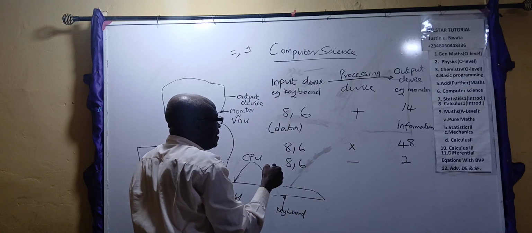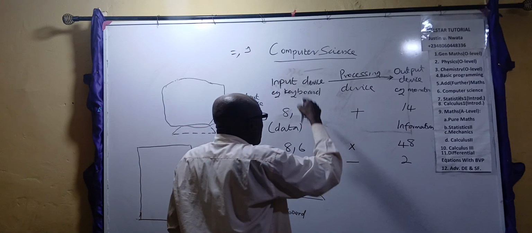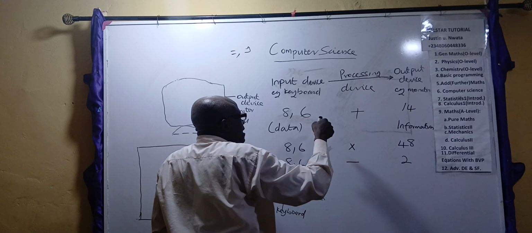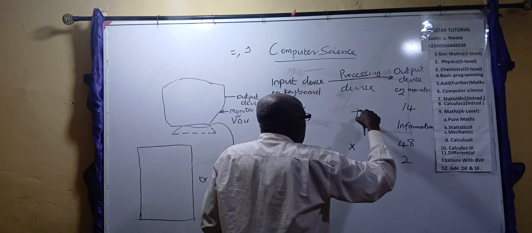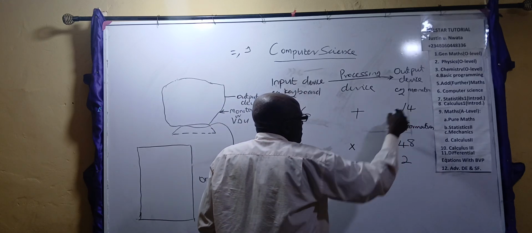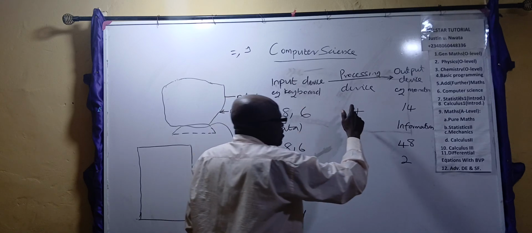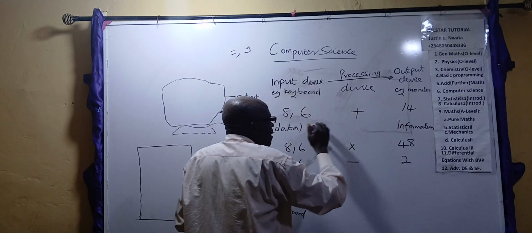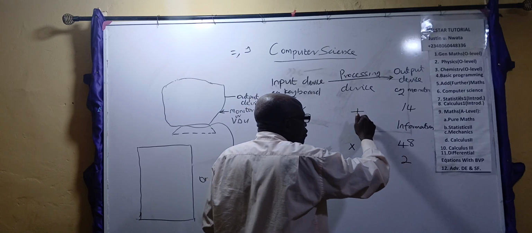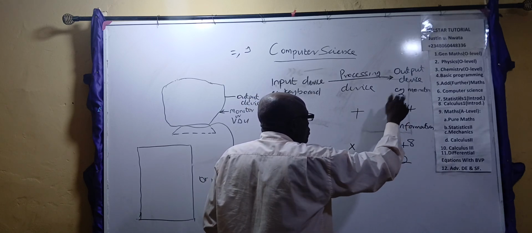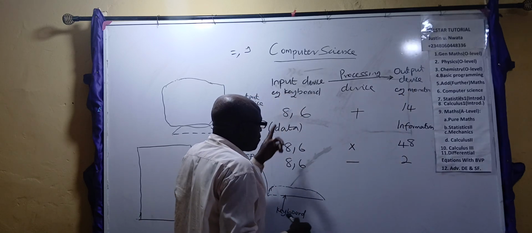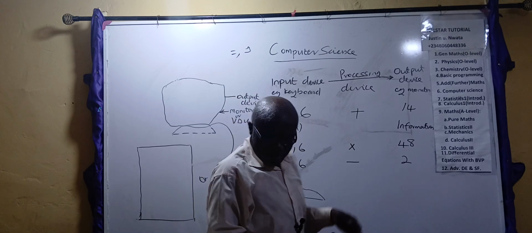You press 8 and 6, then the enter key or equal to key. Press the plus key, you get 14. This time around, all you need is just to put in the data. It's no longer your brain that is doing it. You put the data, press the plus sign and then equal to, and then 14 will come out. Processing data gives information.